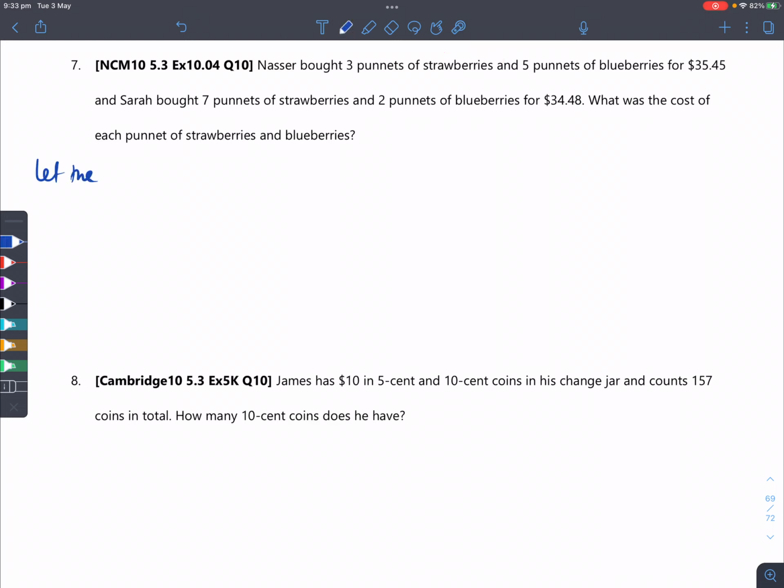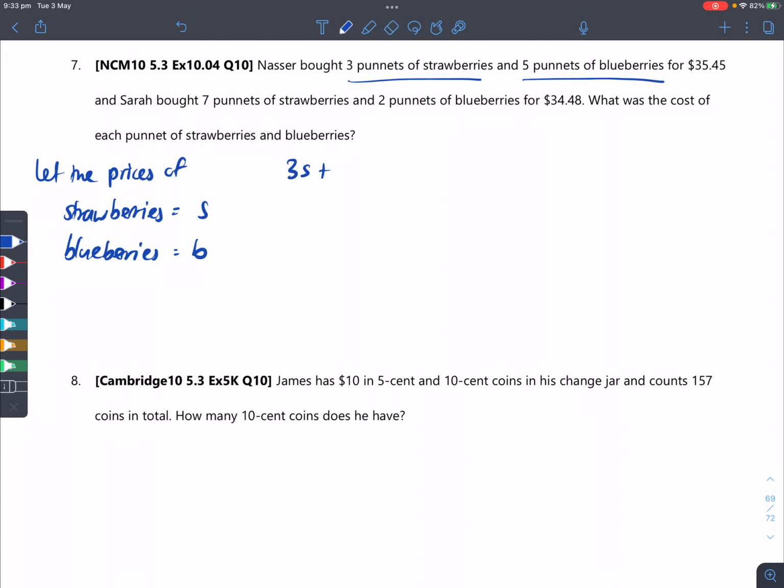So let the price of strawberries equal S, and the blueberries equal B. So I've got 3S and 5B here. That is supposedly equal to 35.45.